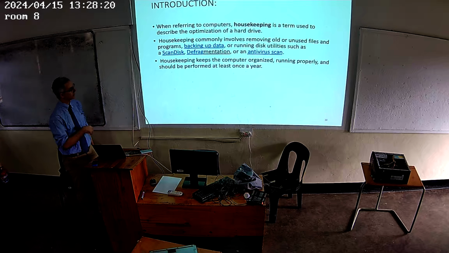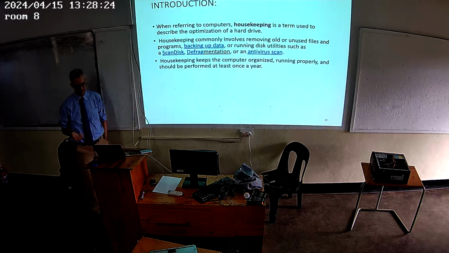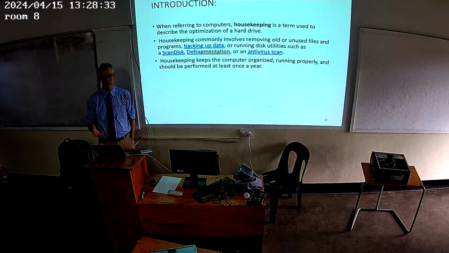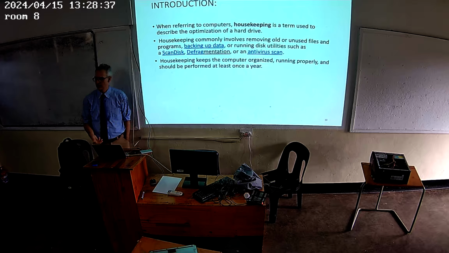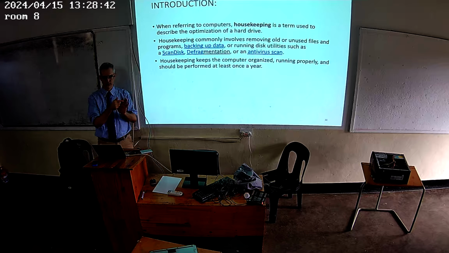So this kind of housekeeping is a good thing to do, usually maybe once a year. It depends how much you use your computer. And if it starts getting slow, this might be one reason why your computer is getting slower. Because every time it wants to find a file, it has to go look in 5 different places instead of in one.